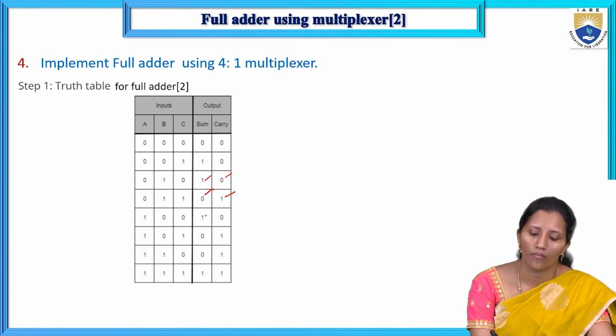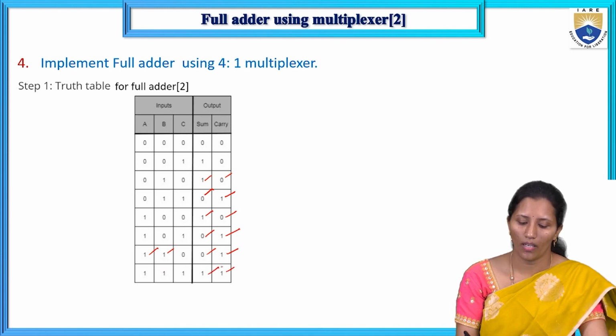For 1, 0, 0, sum 1, carry 0. For 1, 0, 1, sum 0, carry 1. For 1, 1, 0, sum 0, carry 1. And for 1, 1, 1, sum is 1, carry is 1.